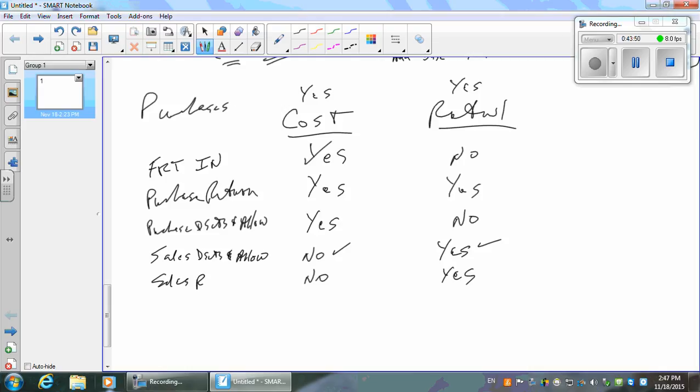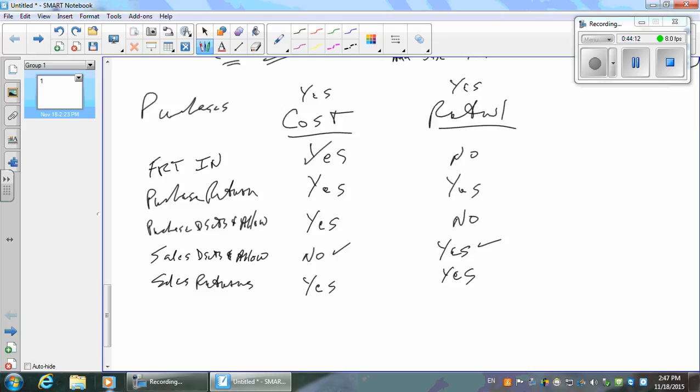How about sales returns? Isn't that going to be exactly the same thing as a purchase return? So why in the book do they list it as sales returns and allowances and then sales? I don't like it. I disagree with it. But just think about it. What you said makes sense though.